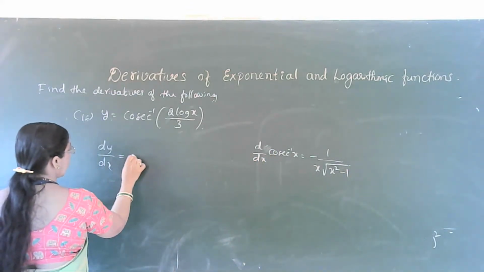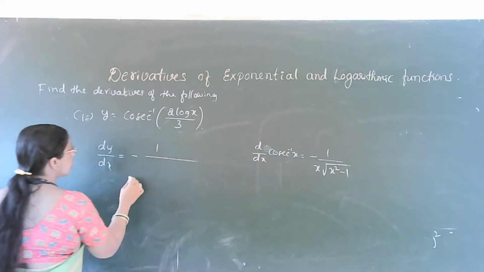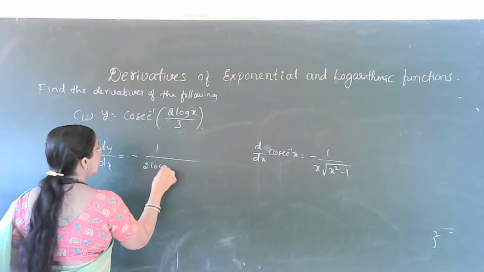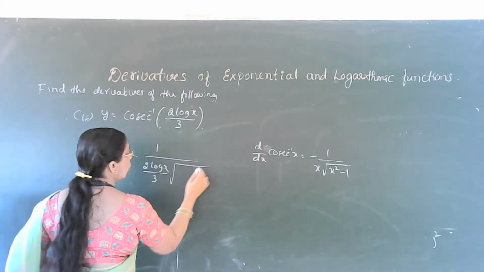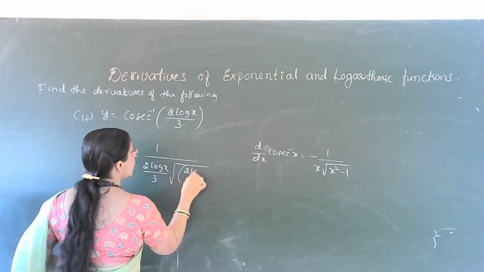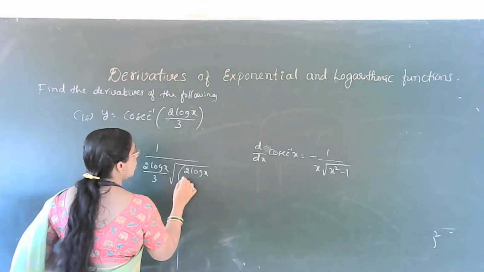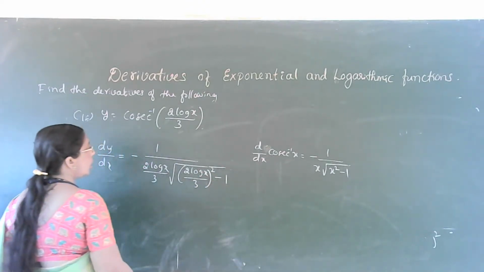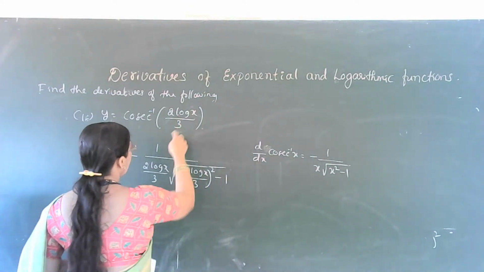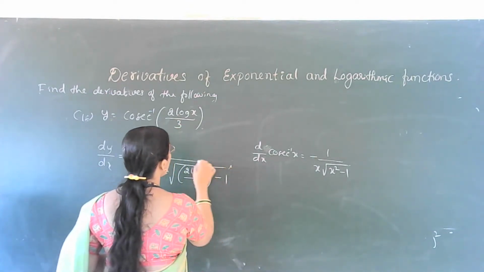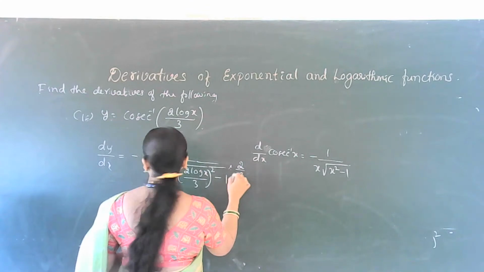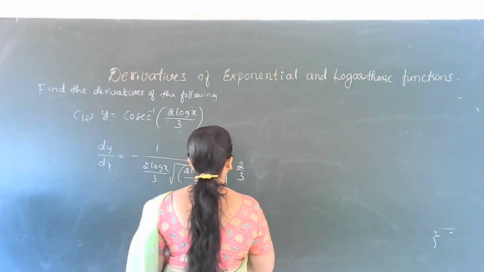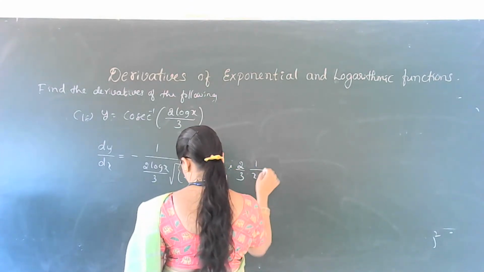Therefore, dy by dx is equal to minus 1 by (2 log x divided by 3) into square root of ((2 log x divided by 3) whole square minus 1). Then the derivative of 2 log x divided by 3 is 2 by 3 into the derivative of log x, which is 1 by x.